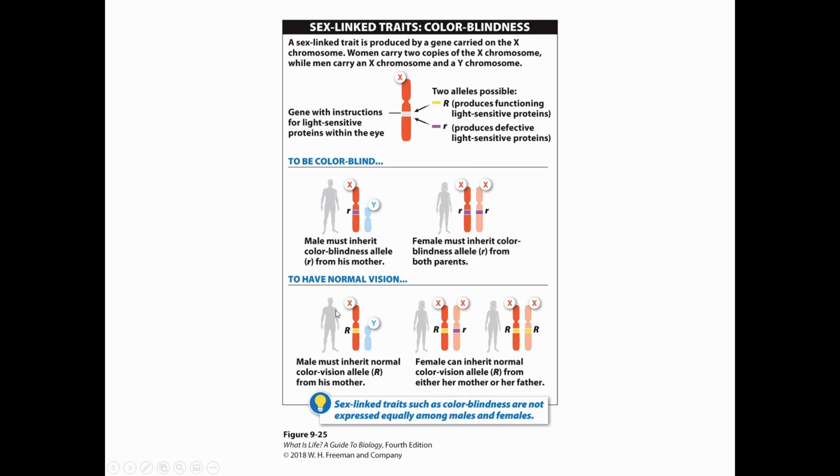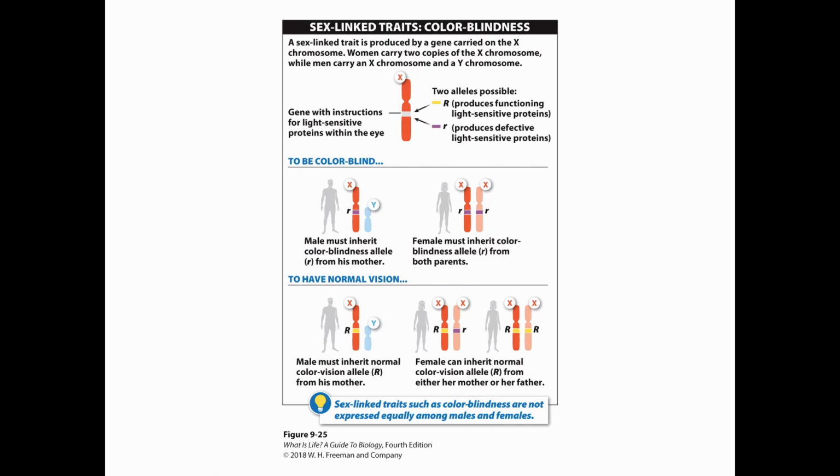To have normal vision as a son, as a male, he has to inherit his dominant R from mom. It doesn't matter whether or not his father is colorblind. And as for females, it doesn't matter who she gets the dominant allele from, either mom or dad. So this is why we see colorblindness in more males than females.